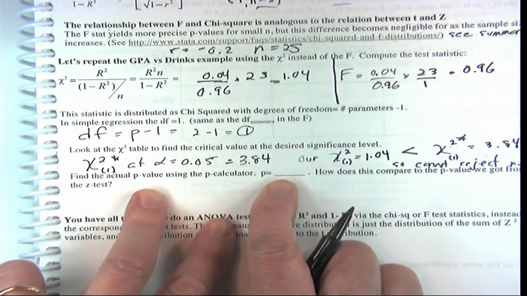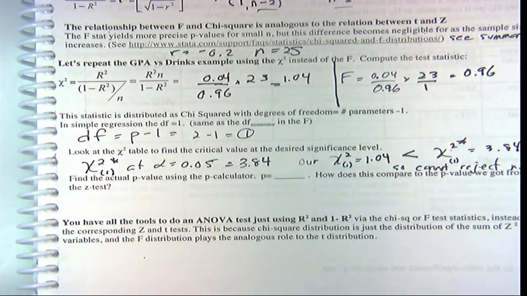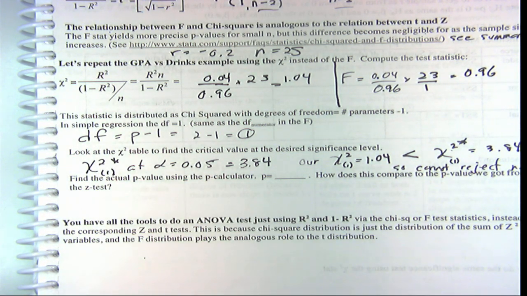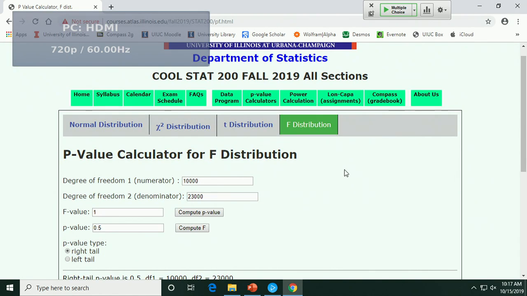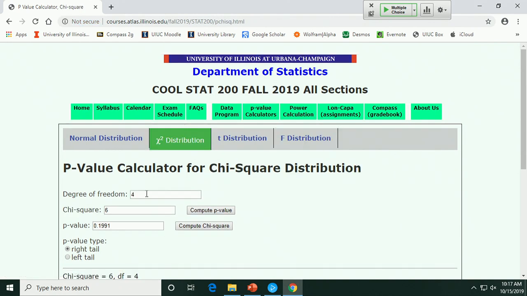Now we can find the actual p-value on the p-value calculator, and I can show you how. We said it's about 30, a little more than 30. Let's look. We'll go to the chi-squared, and we have 1 degree of freedom.